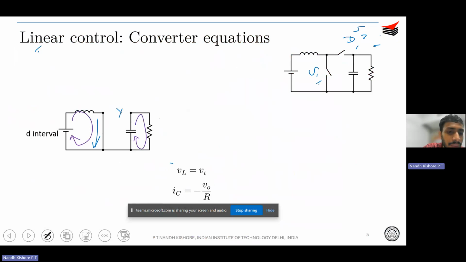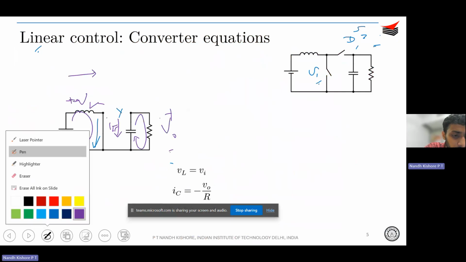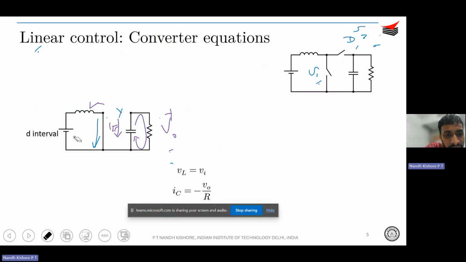That is why over here VL, if I define this as VL, from this to this, and I define this as the inductor current, and let me say this is my capacitor current, IC. So note the convention that I am following over here, right? So this is V naught. Let me write it in a better fashion for you guys to understand.